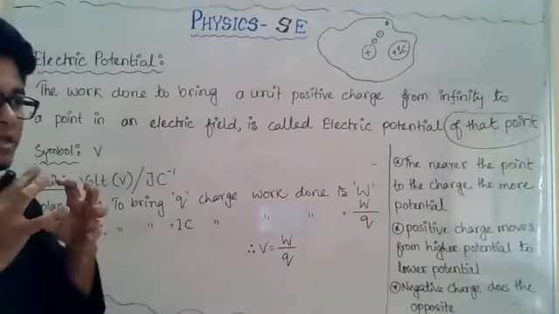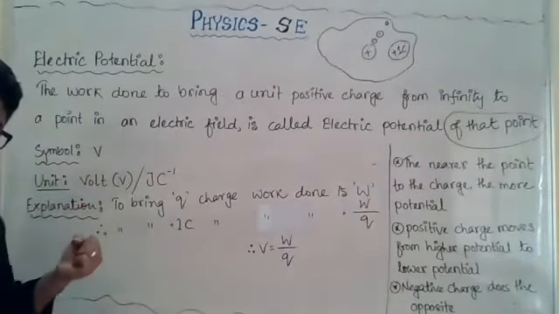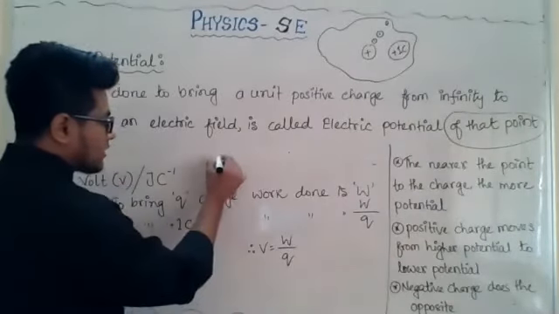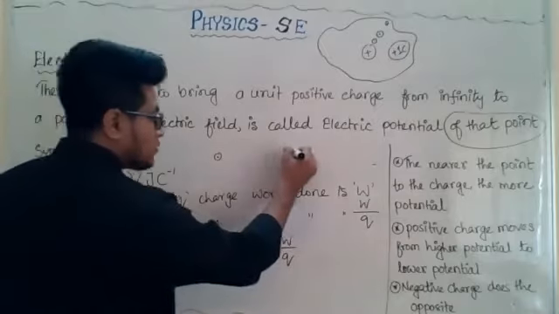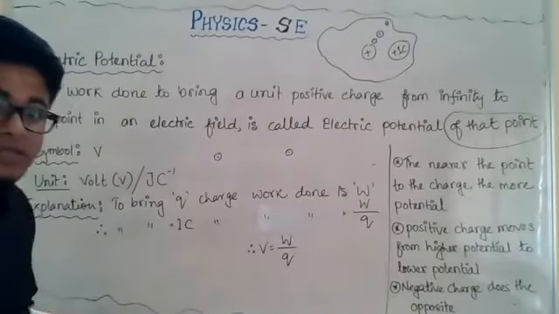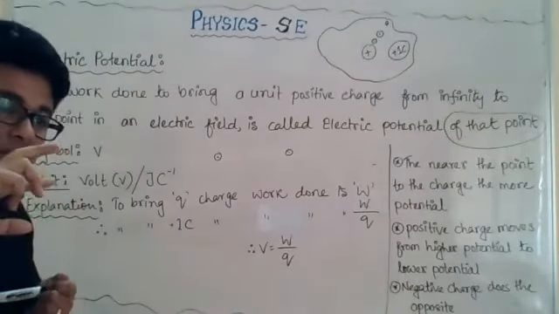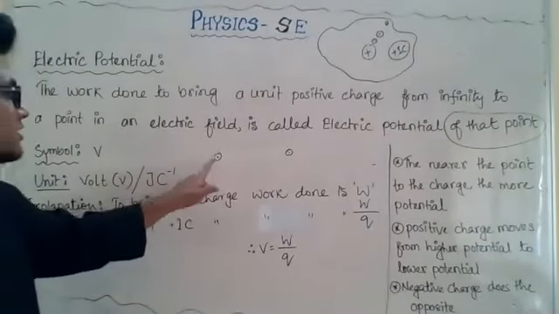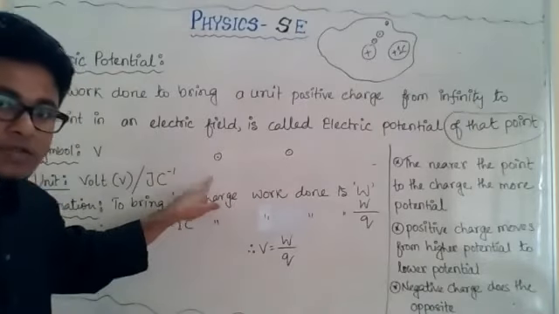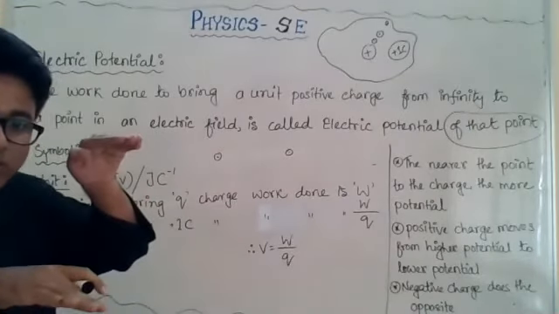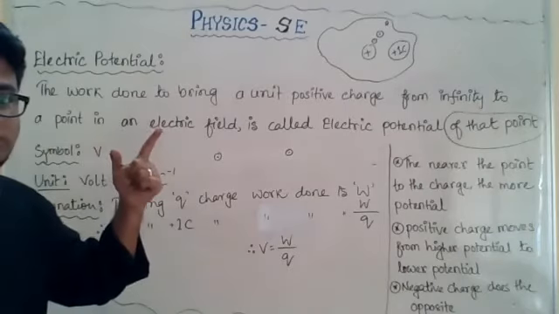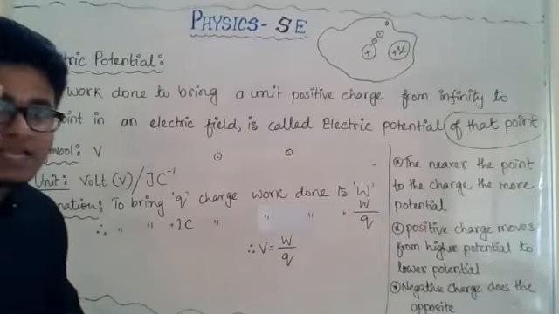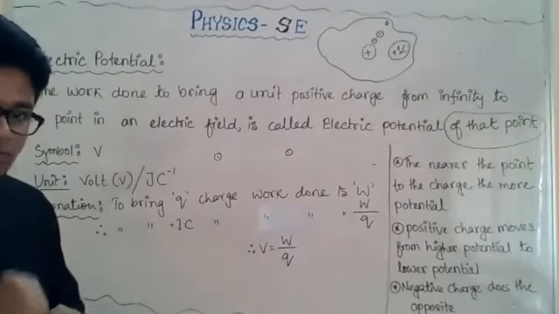So if I can calculate the potential of any point, any 2 points I give you, you can calculate the electric potential of this point and of this point. And if you notice there is a potential difference between these 2 points, then one will definitely have higher potential and the other lower potential.